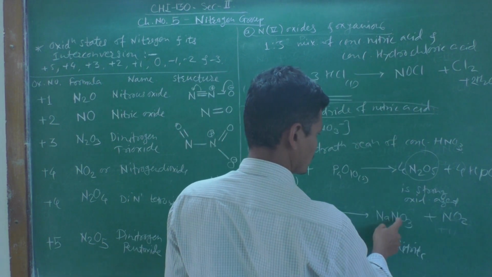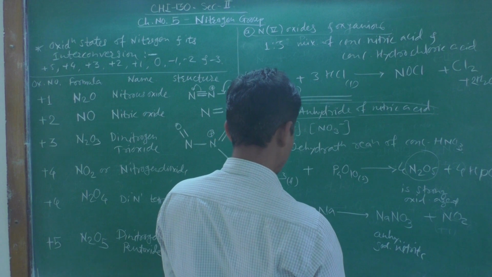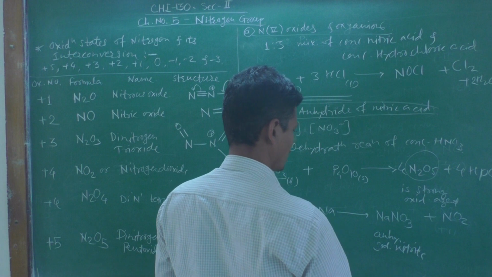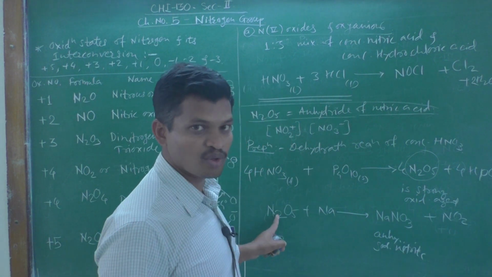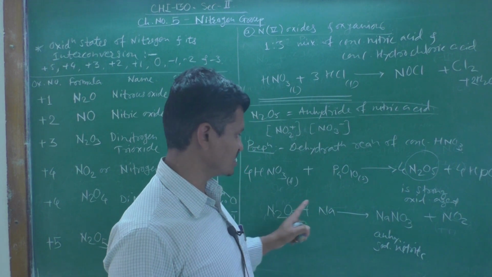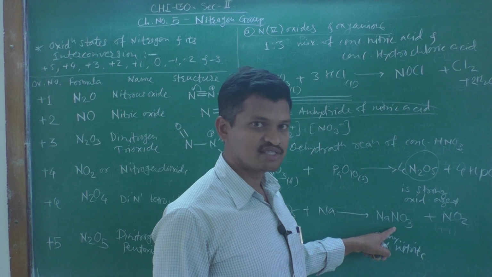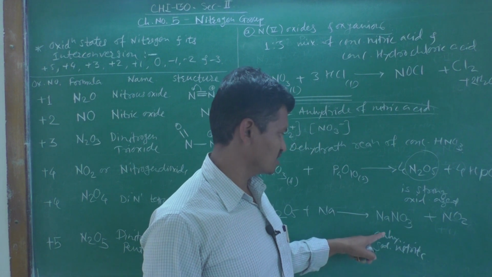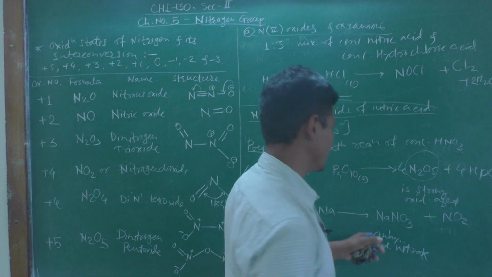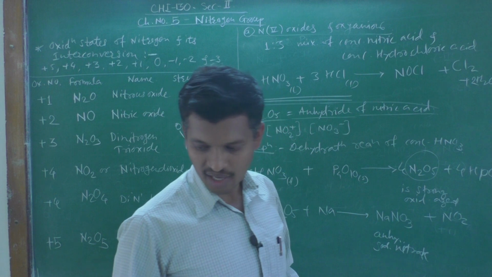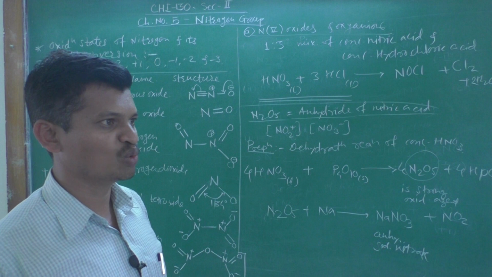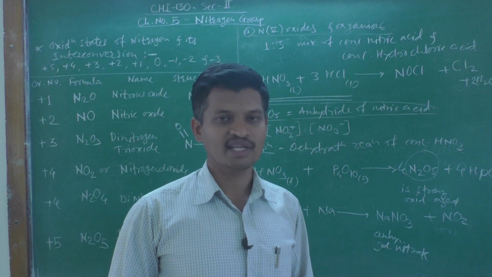So, this is a simple reaction. N2O5 reacts with sodium metal, and as a strong oxidizing agent it oxidizes sodium metal to anhydrous sodium nitrate, that is NaNO3.